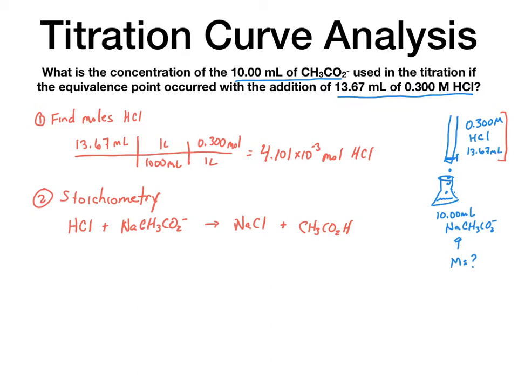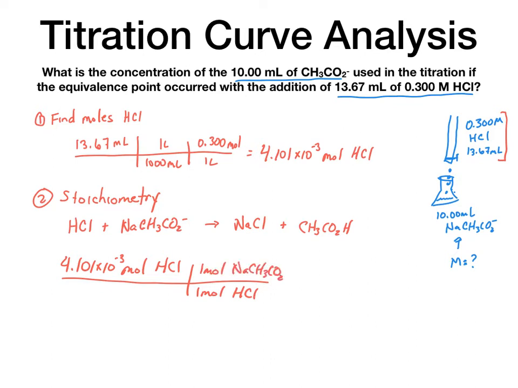We have 4.101 times 10 to the minus 3 moles of HCl. I can use the balanced chemical reaction to know that 1 mole of HCl reacts with 1 mole of sodium acetate. And so we get 4.101 times 10 to the minus 3 moles of sodium acetate.